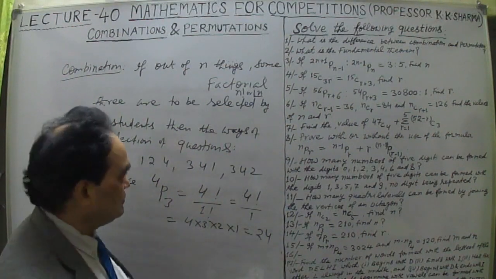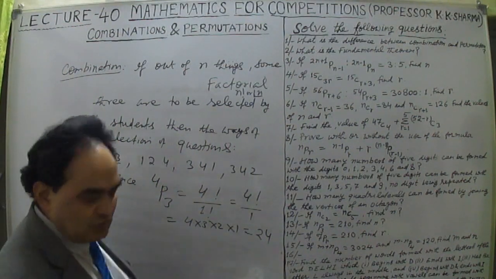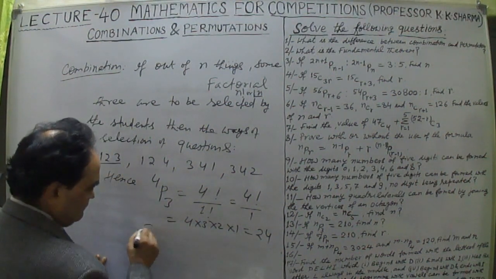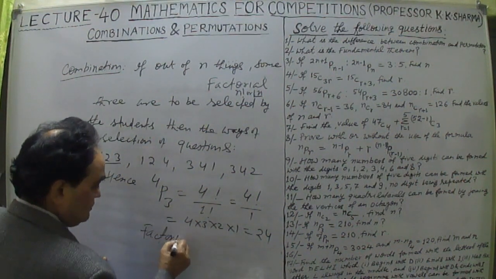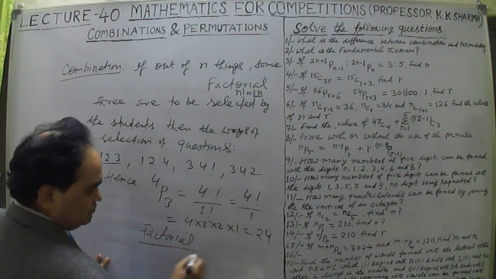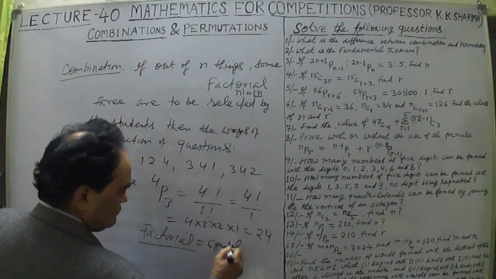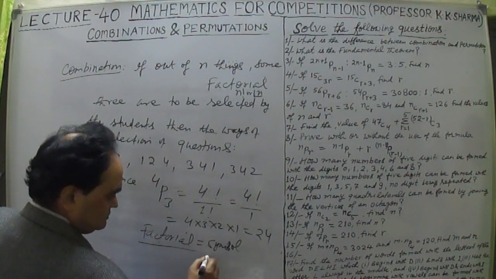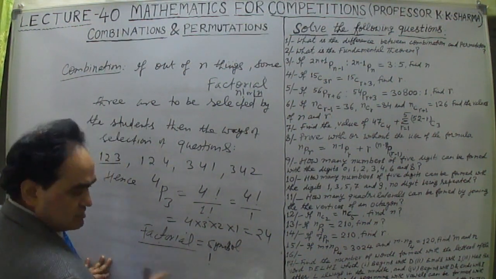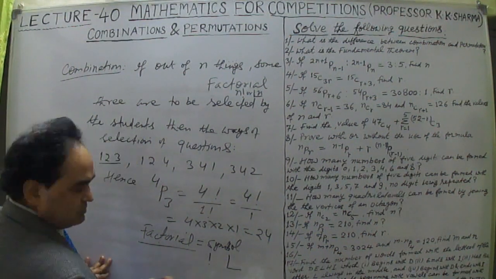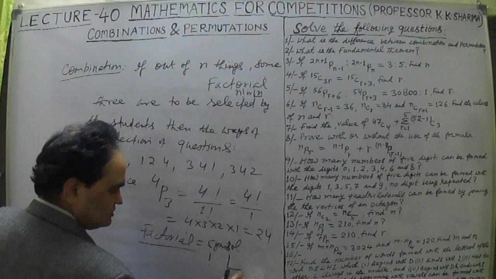So this is the only difference between the formulas which I have just told you about. Let me take up factorial. What is the factorial? The symbol for factorial is this, either this symbol or an angle-type symbol, but this is straight.